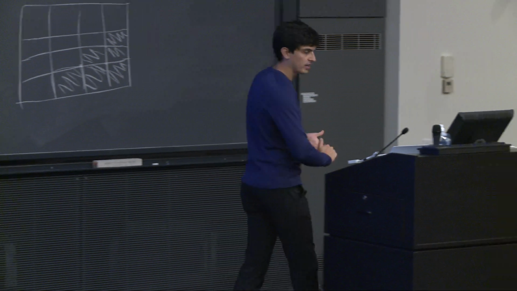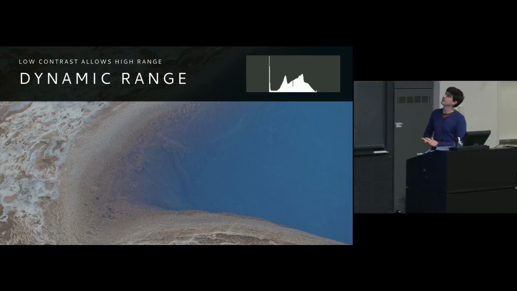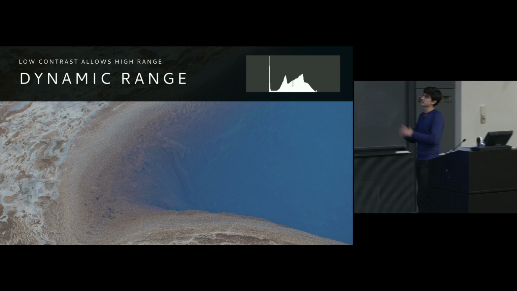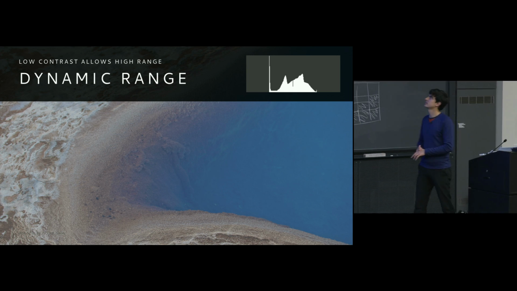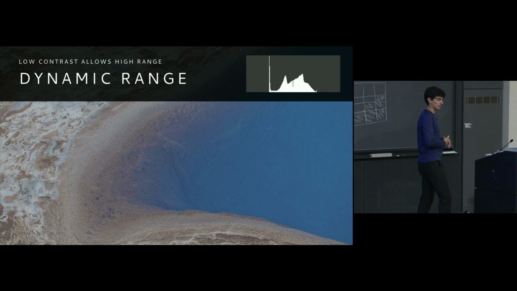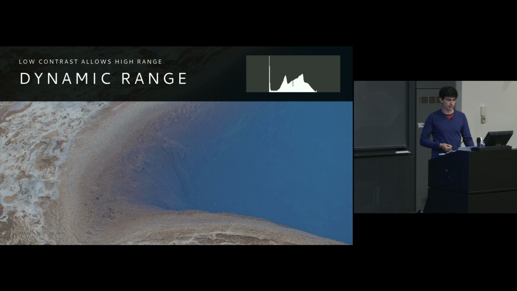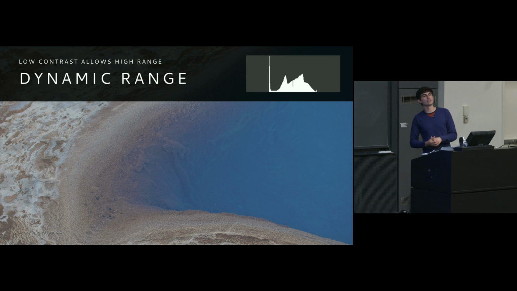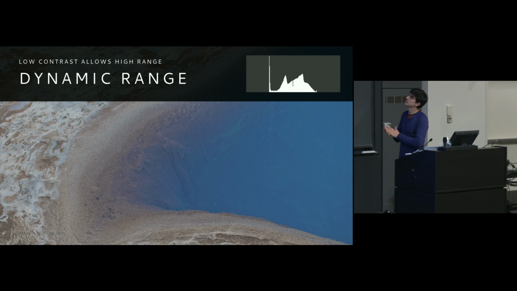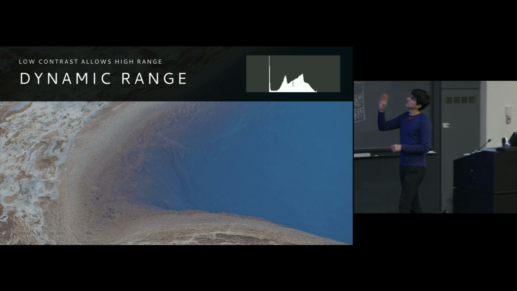So I have here a photograph with a histogram. This histogram, by the way, is an RGB histogram, not a luminance histogram, so we are seeing the summed values of the red, the green, and the blue color channels displayed on this one histogram.